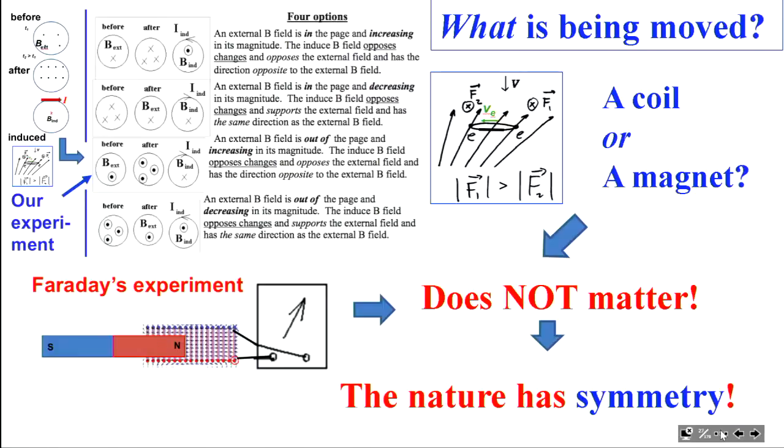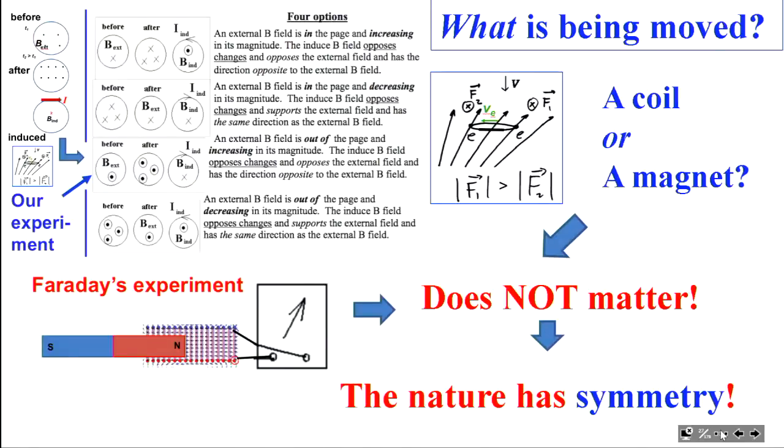Our original experiment, well, technically it was a thought experiment, was based on a fact that a conductive coil was moving in a magnetic field, and that creates a force acting on the electrons, and as a result, we observe that electric current is induced, well, because EMF is induced. See? If you look.